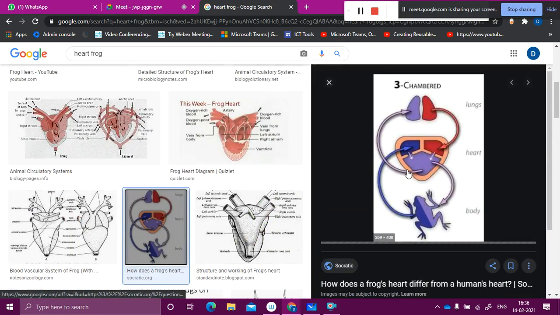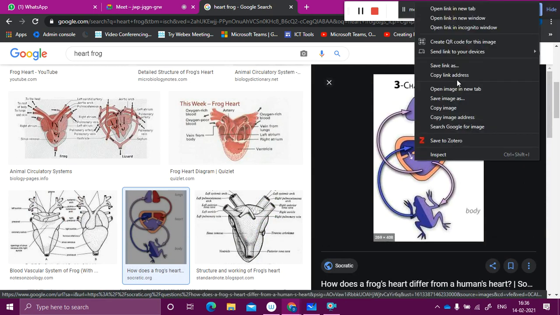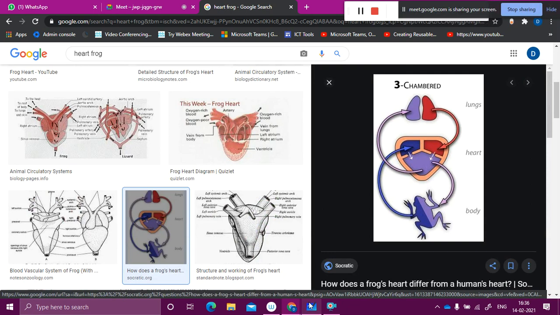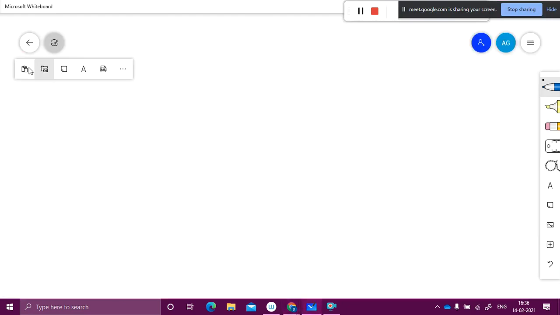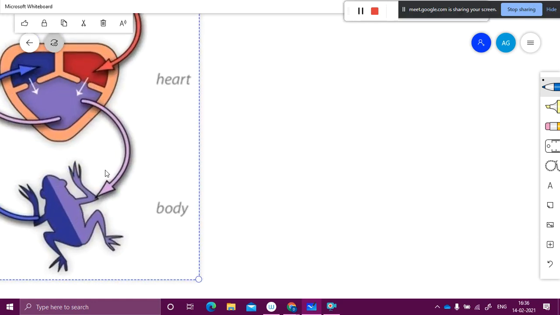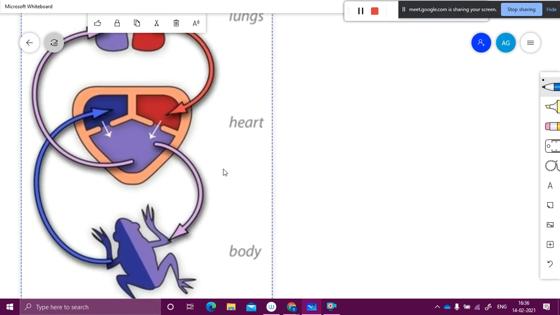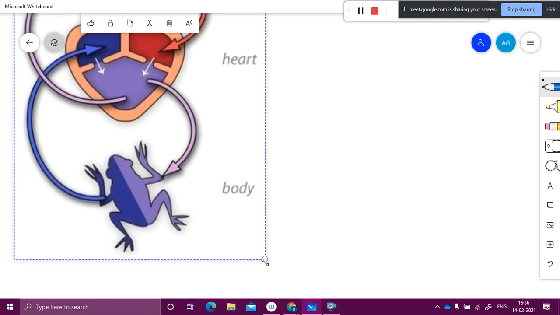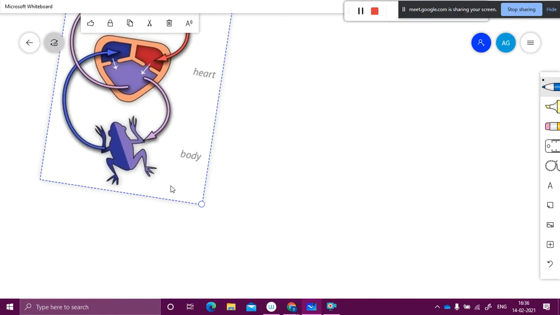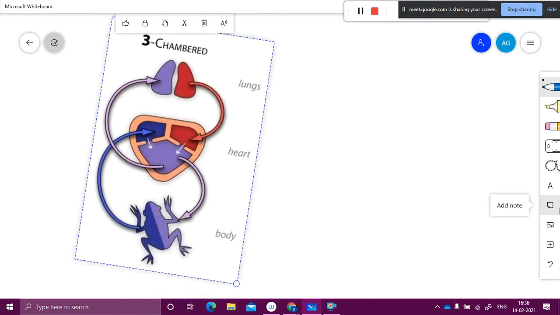Let's have a look at the three-chambered heart first. If you look at this three-chambered heart, you will see this is the heart.